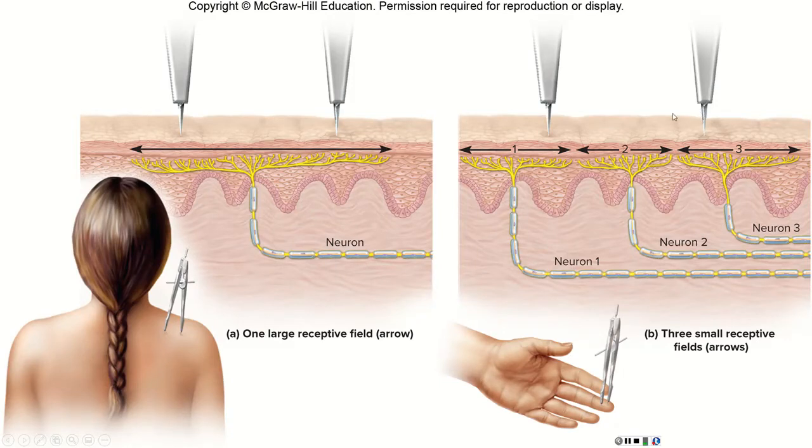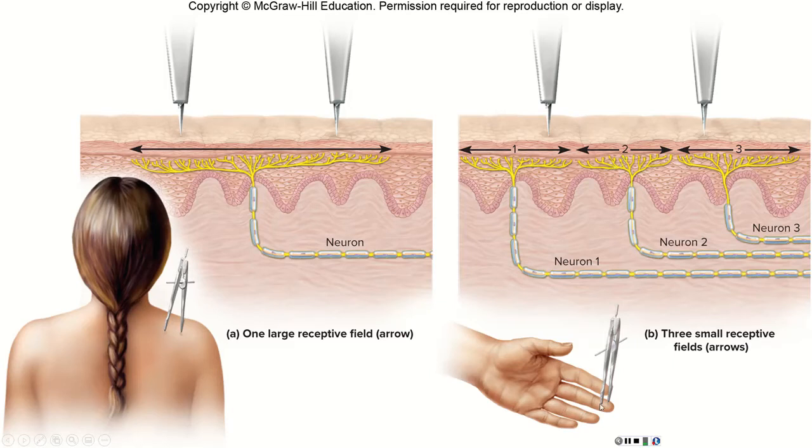If we move them closer together, and this pin pokes here, and this pin, let's say it pokes right here, they're really close together, but they're still going to be stimulating 2 neurons.